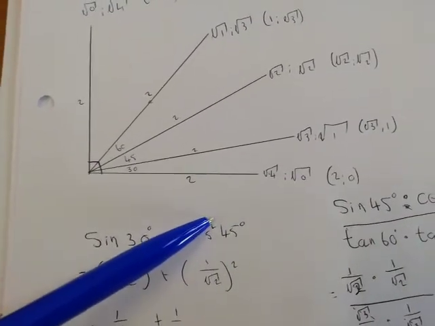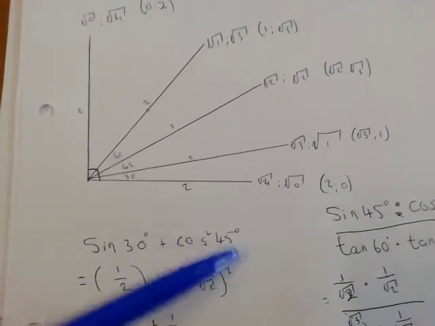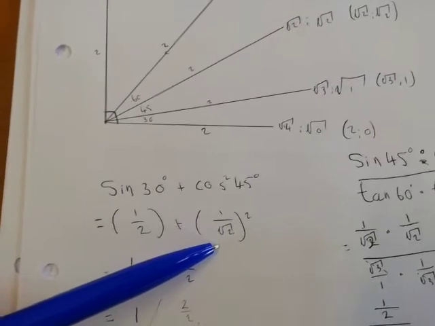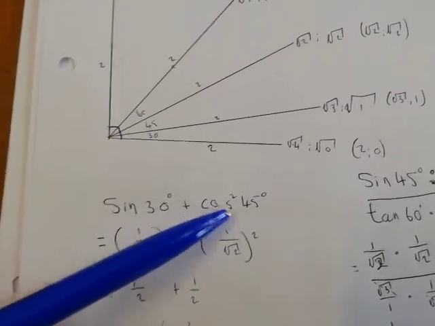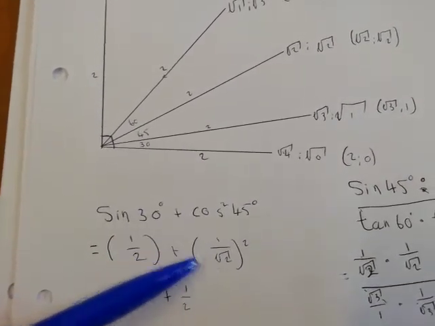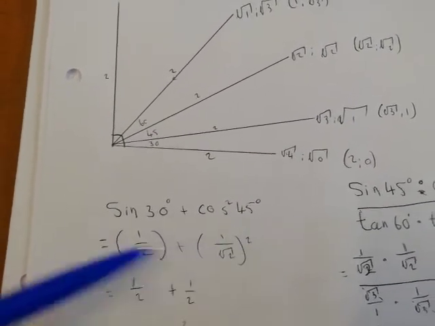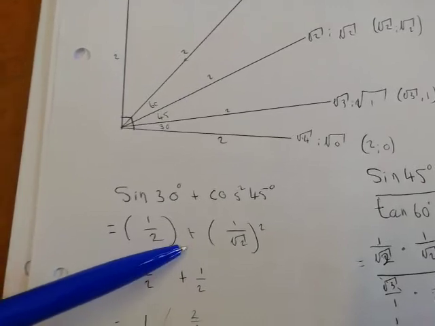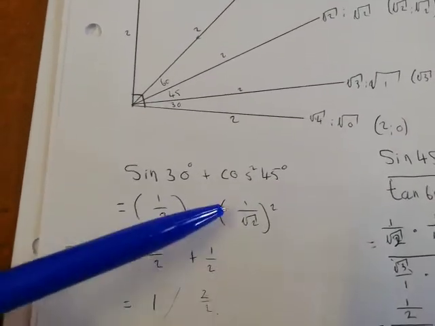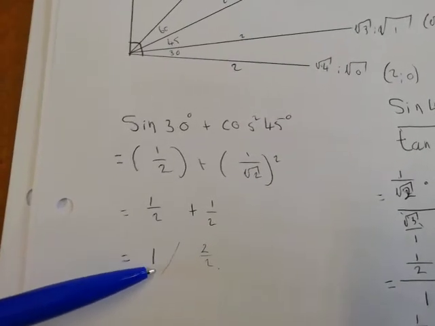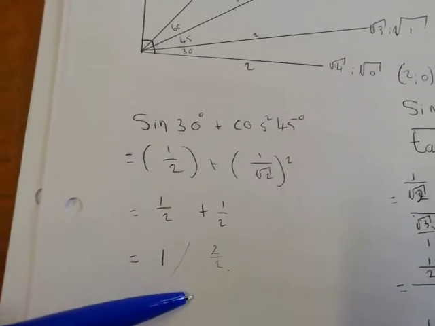And cos of 45 is 1 over square root 2. But remember, cos squared means that your fraction has to be squared. So you have a half plus 1 over square root 2 squared becomes a half, which means you end up with 1 because 2 over 2.